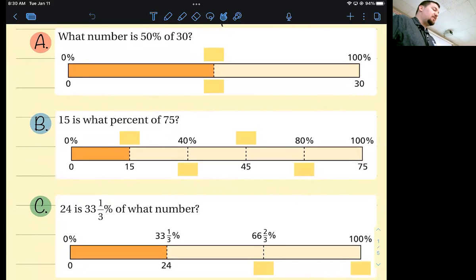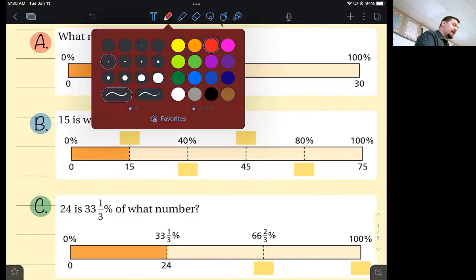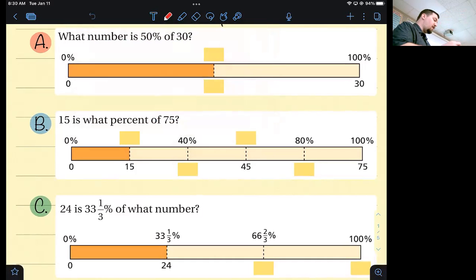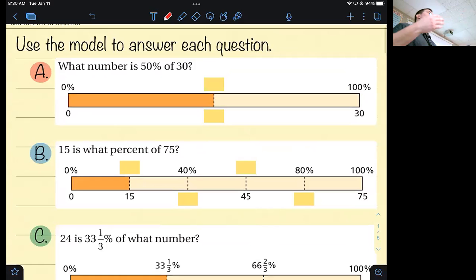So I want you to use a model here so you can visualize what we're going to be doing on paper. What do you think the answer to question A is? That's correct. If you think about all percents being out of 100, 50% is halfway between 0 and 100%.